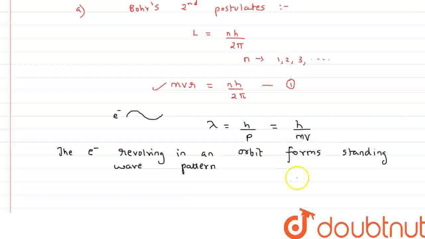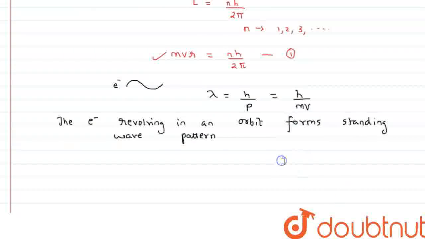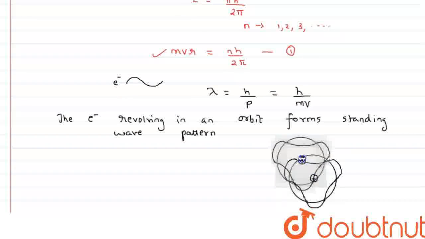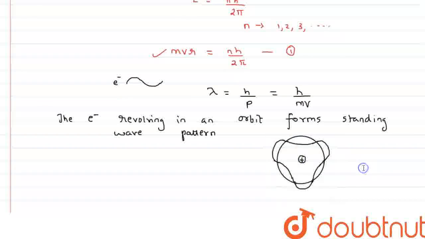We can visualize the situation with the help of a diagram. Let's suppose we have an atom in which the nucleus is in the center, and the electron is making a wave pattern around it.